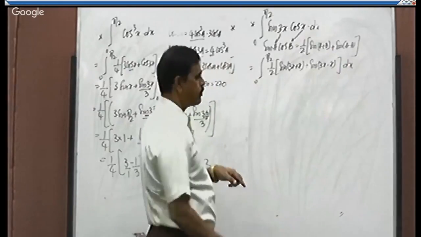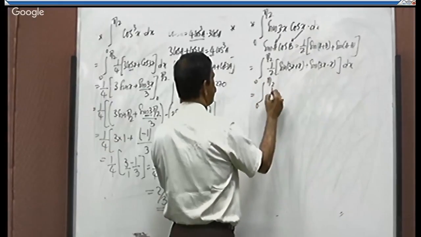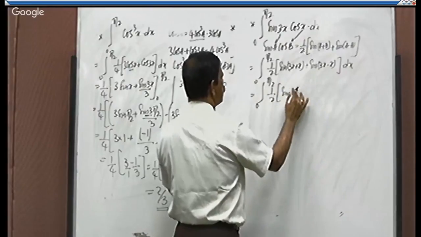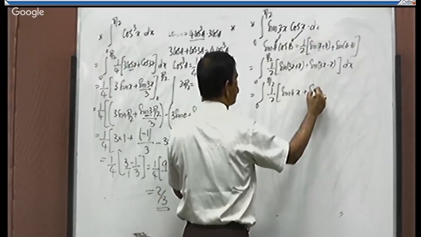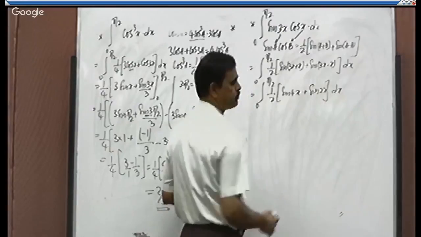That is equal to 0 to pi by 2, 1 by 2 into sin 4x plus 3x minus x is 2x, sin 2x into dx.